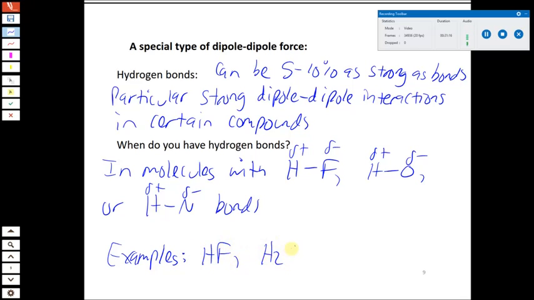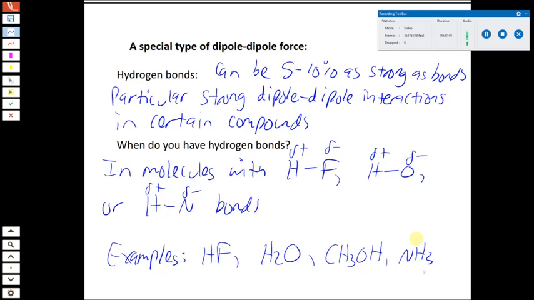Water is the classic example of a substance that hydrogen bonds. Alcohols as well, so CH3OH, anything that has this OH group on it, or ammonia, NH3, which has 3 NH bonds. All of these will exhibit hydrogen bonding. And again, the hydrogen bonding is not the covalent bond between the nitrogen or oxygen and hydrogen. It's the type of intermolecular force that exists between these molecules.